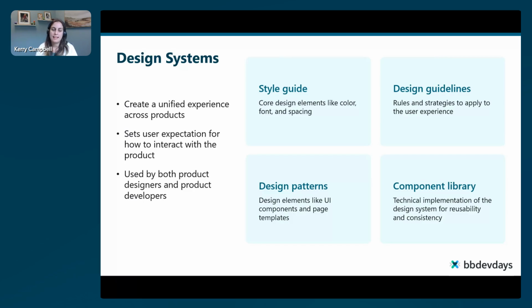So once you're past that paint of the design system, we can consider how you apply it. Design guidelines help define when to apply different visual treatments. Thinking of the blue versus green button, the style guide tells you you should use blue buttons. The design guidelines tell you that you should use those blue buttons for primary actions on the page, at least that's specific to the SkyUX design system.